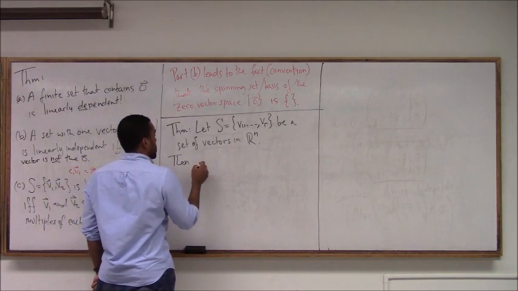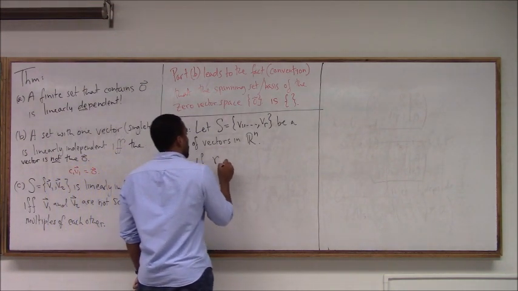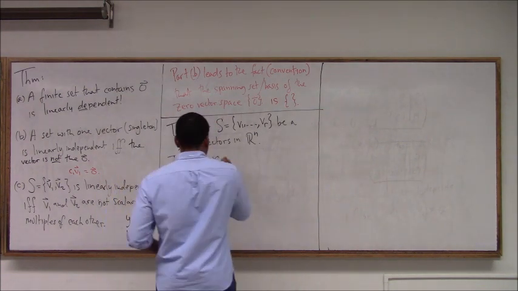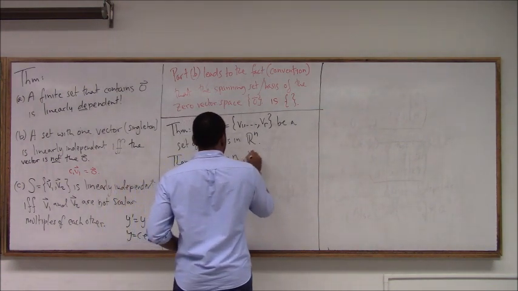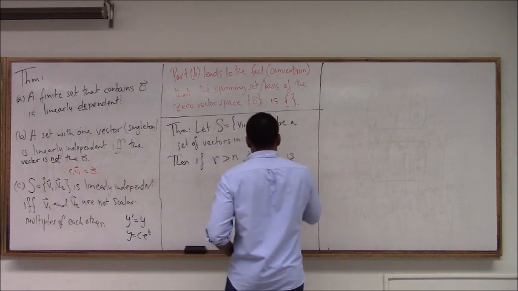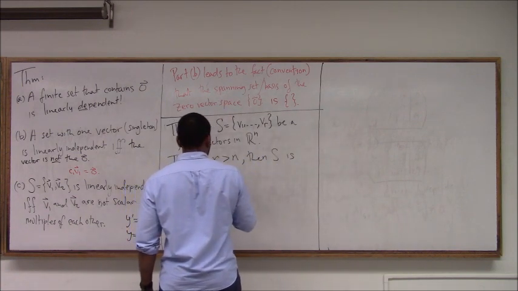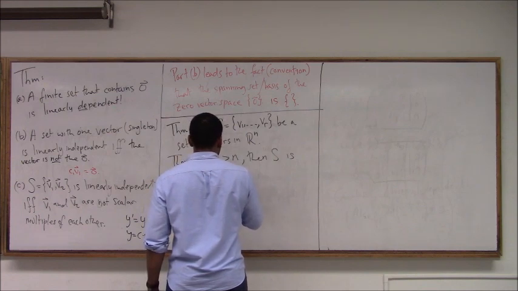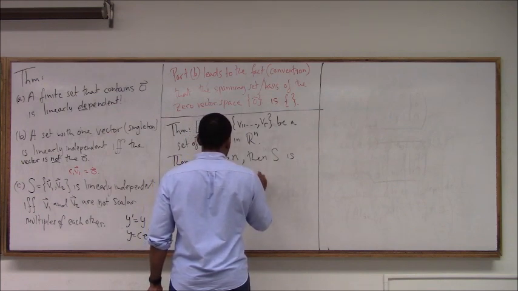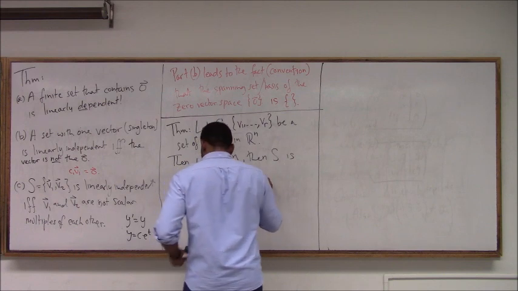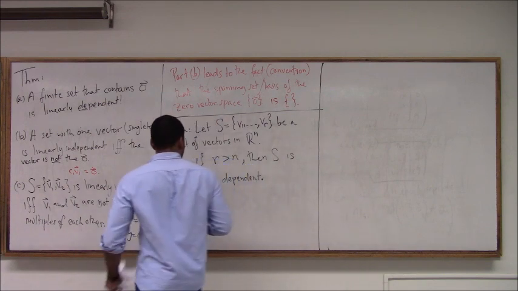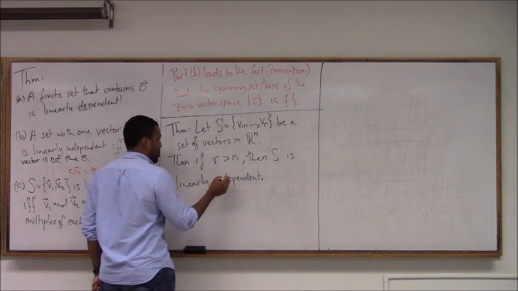Then, if r is greater than n, then S is linearly, should this be independent or dependent?